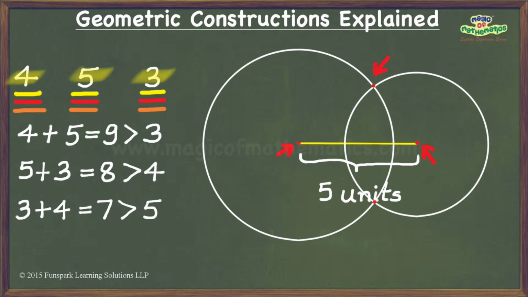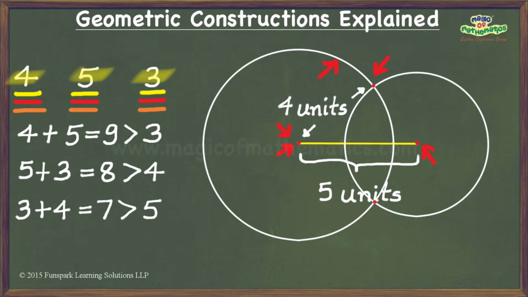Being a point of intersection of the two circles, it is clear that our point lies on both the circles. Because of the fact that our point lies on the first circle, and since the center of this circle is this vertex, its distance from the vertex should be equal to 4 units, as 4 units is the radius of the first circle we drew.